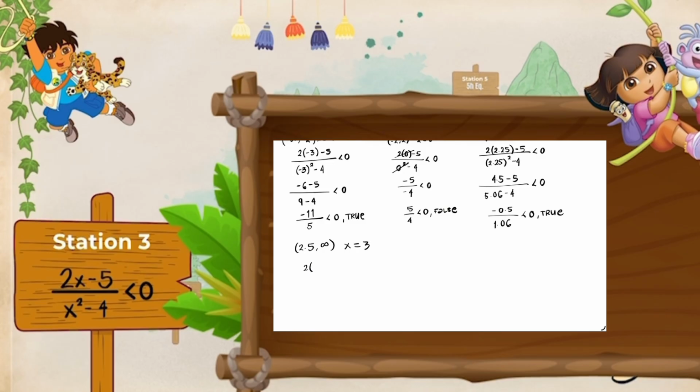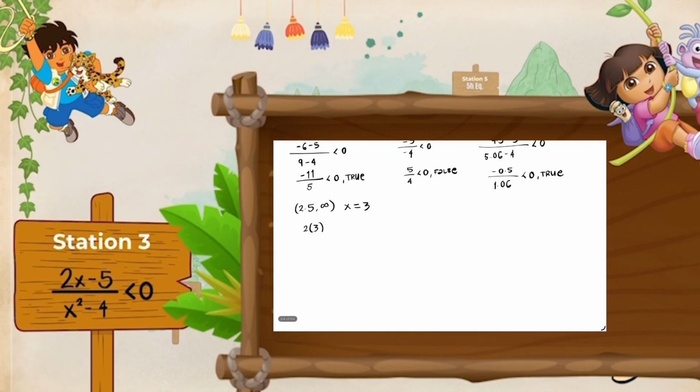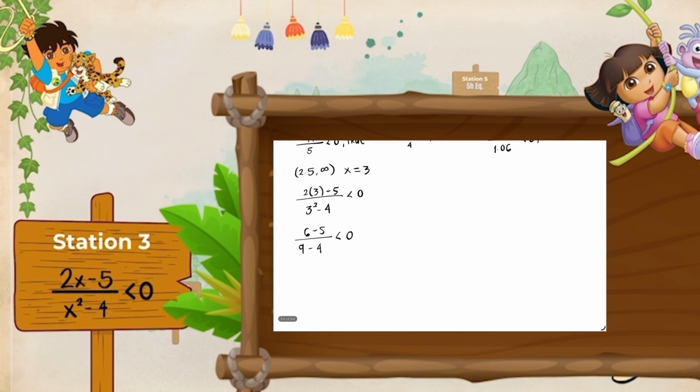So (2 times 3 - 5)/(3² - 4) < 0. 2 times 3 is 6, minus 5. 3² is 9, minus 4. 6 minus 5 is equal to 1. 9 minus 4 is equal to 5. We're left with 1 over 5. It's a positive number, and a positive number is not less than 0, so it's false.